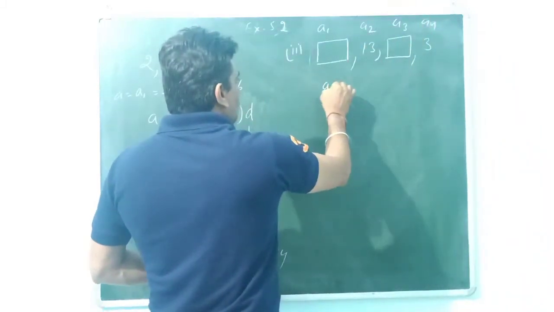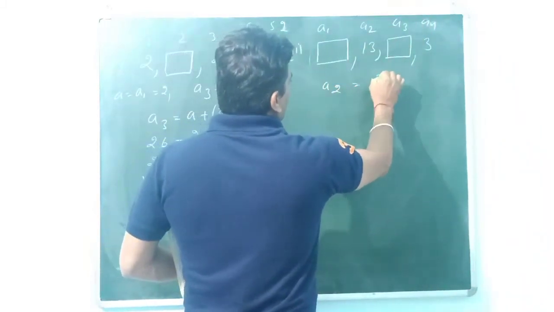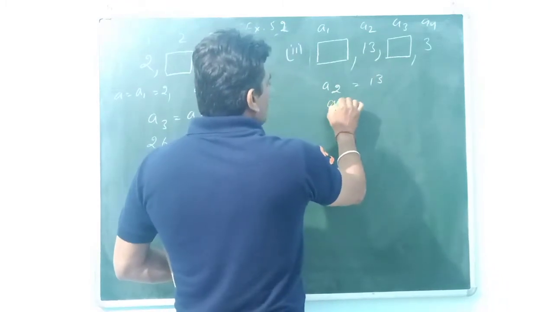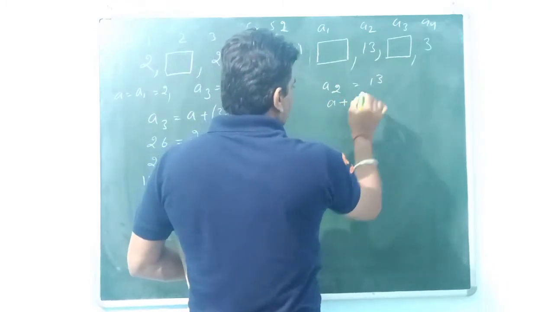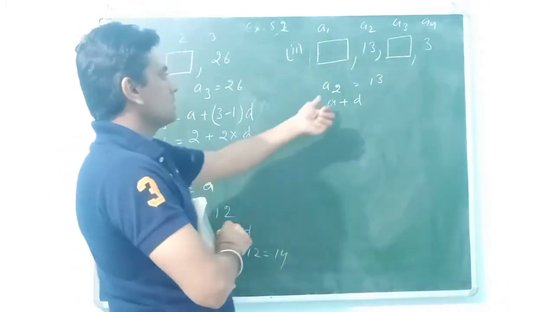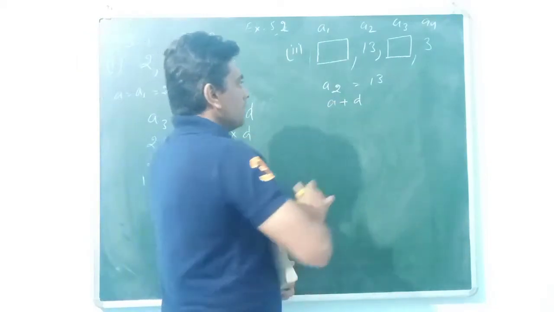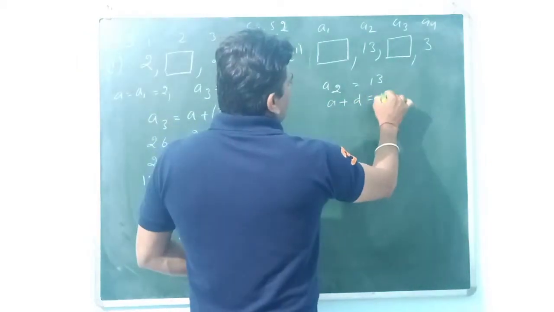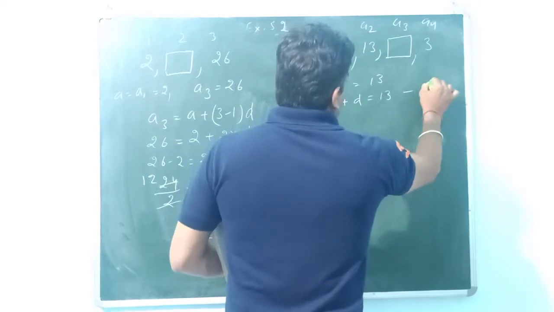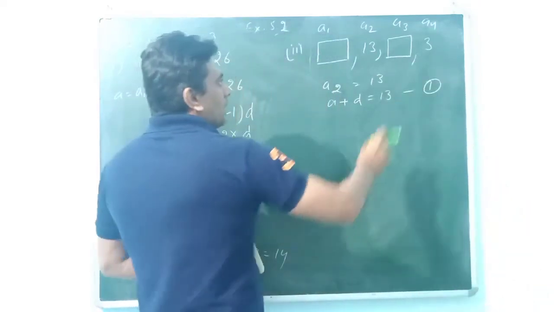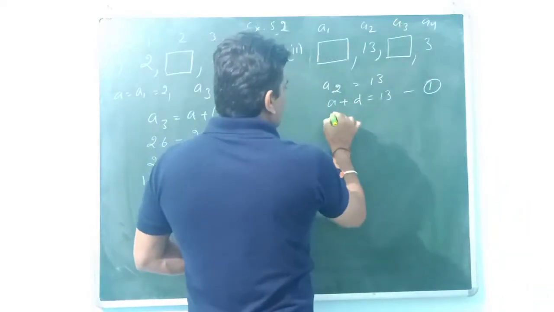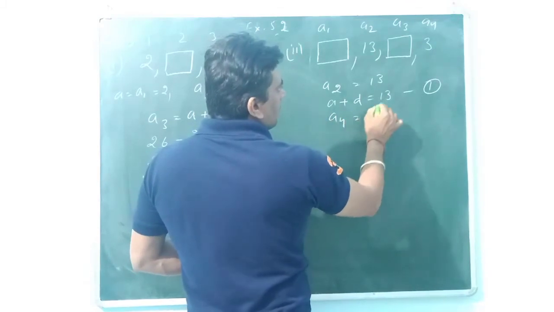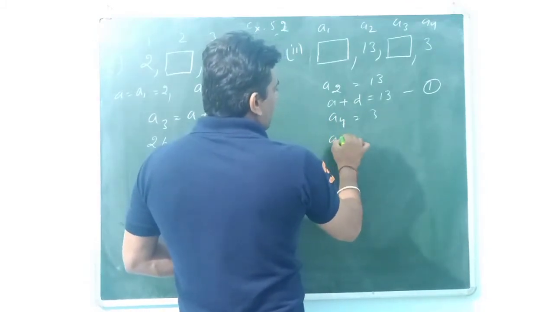So A2 is equal to 13, or A2 is A plus D equal to 13. This becomes the first equation, and A4 is A plus 3D.